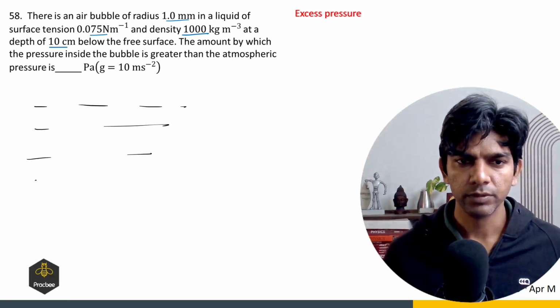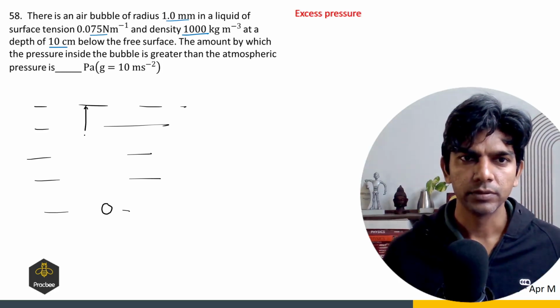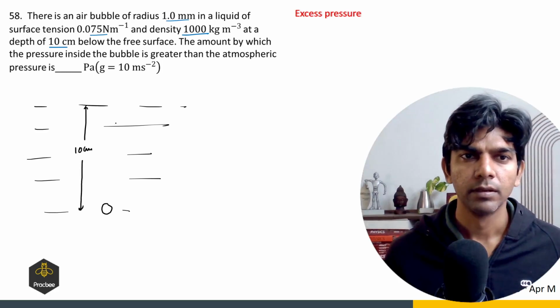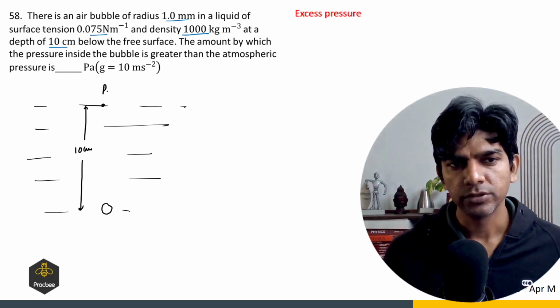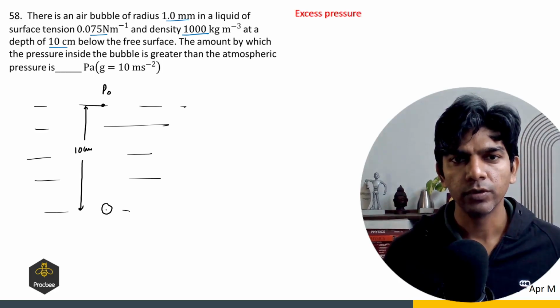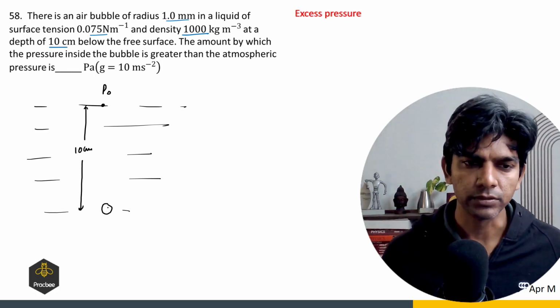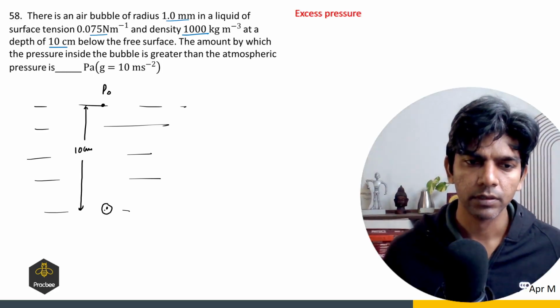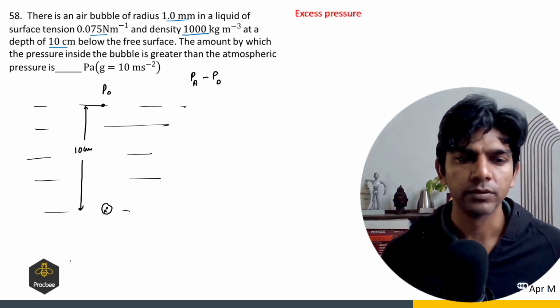So there is an air bubble at a depth of 10 centimeter, and let us say the atmospheric pressure is P0, and we want to find the difference of the pressure inside the bubble and the atmospheric pressure. So let us say the pressure inside the bubble is PA. So we have to find PA minus P0.